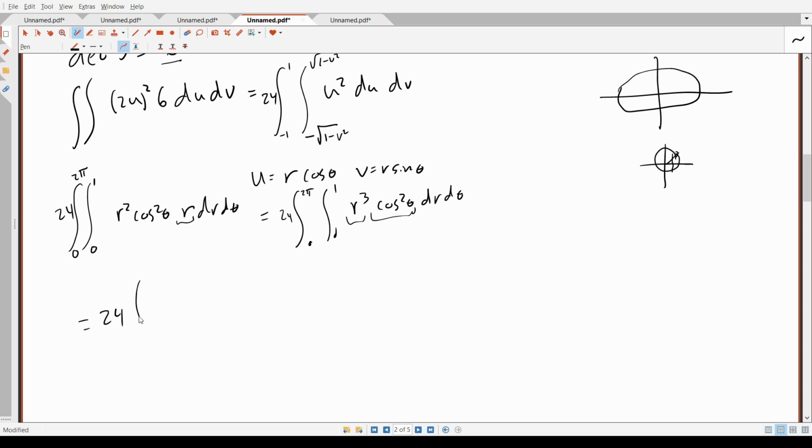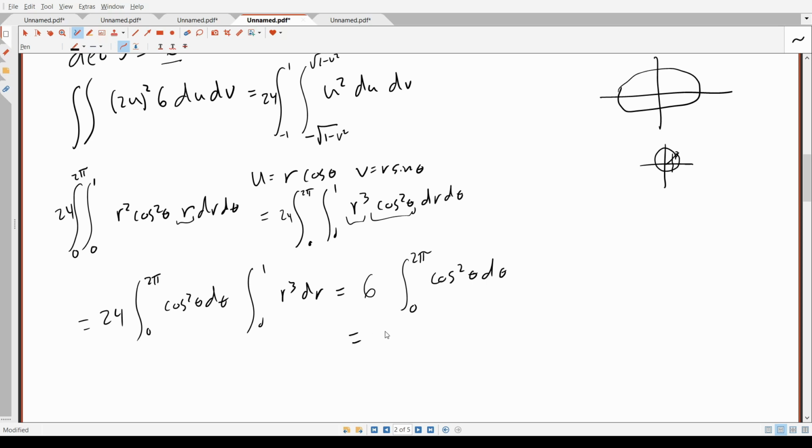I have 24 times the integral from 0 to 2 pi of cosine squared theta d theta times the integral from 0 to 1 of r cubed dr. So I integrate this, I get r to the 4 over 4. The value from 0 to 1 is 1/4, which gives me 6 times the integral from 0 to 2 pi of cosine squared theta d theta.